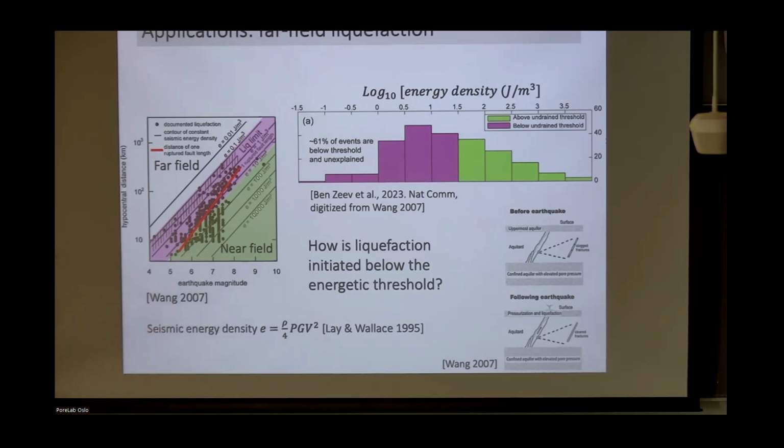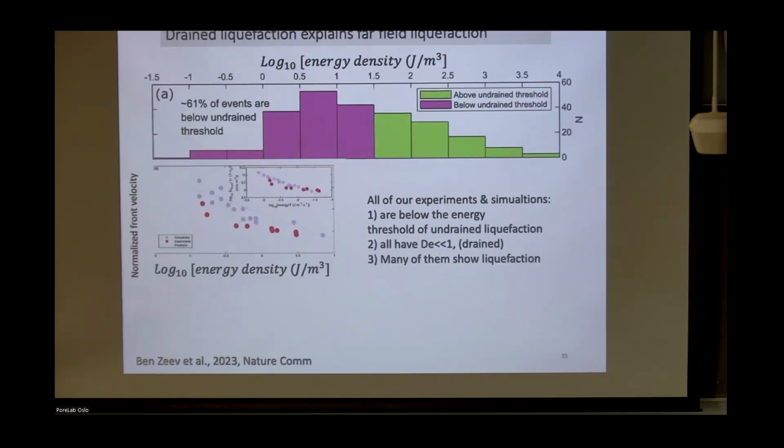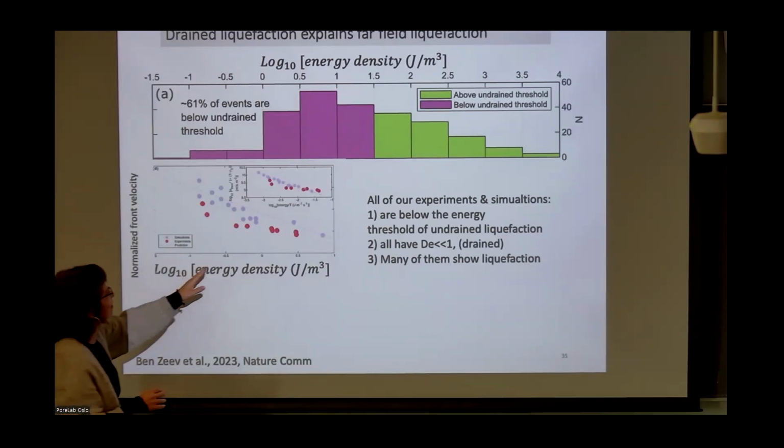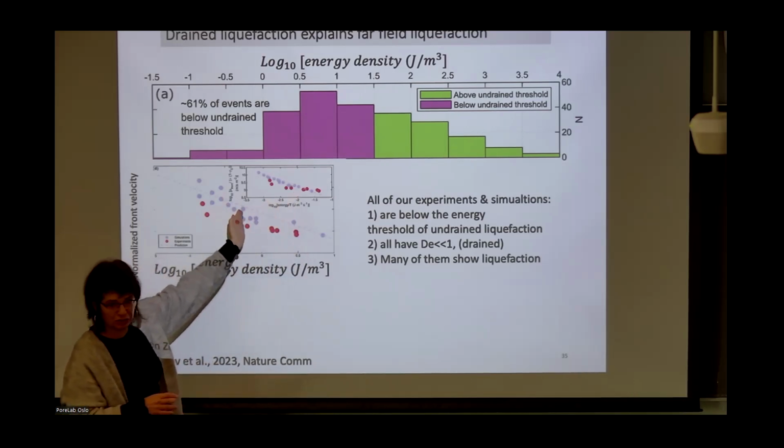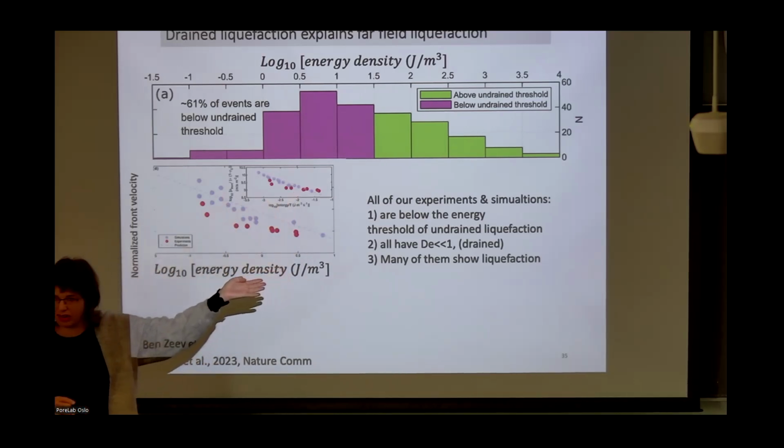But it would be a little bit strange that this is how the majority of the events occur. We have a more benign explanation, and that is they occurred in drained liquefaction. All of our experiments and simulations are actually conducted at an energy below 1 joule per meter cubed. So all of them are in the far field regime.